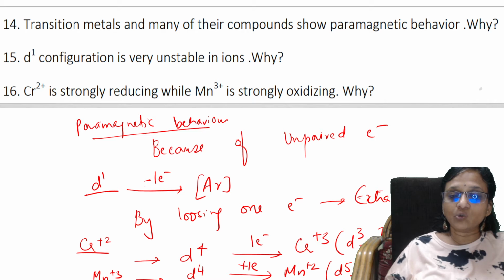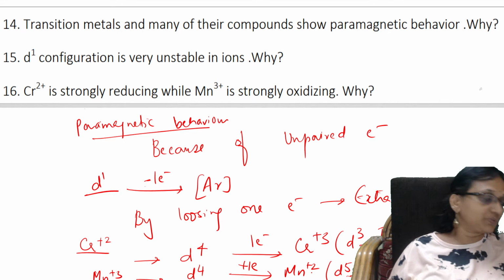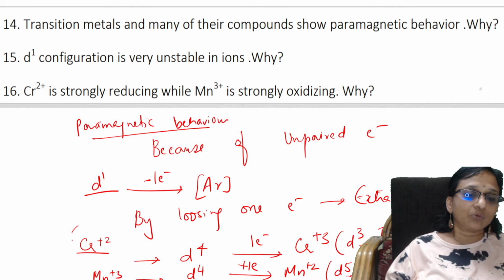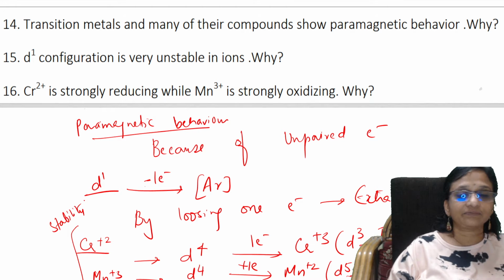Here, by losing one electron, it is becoming stable. By gaining one electron, it is becoming stable. You only tell me, if something is losing electrons, it is a reducing agent. If something is gaining electrons, it is an oxidizing agent. Why are they doing this? Both are doing it for getting stability. Got it, students? Easy? Yes.